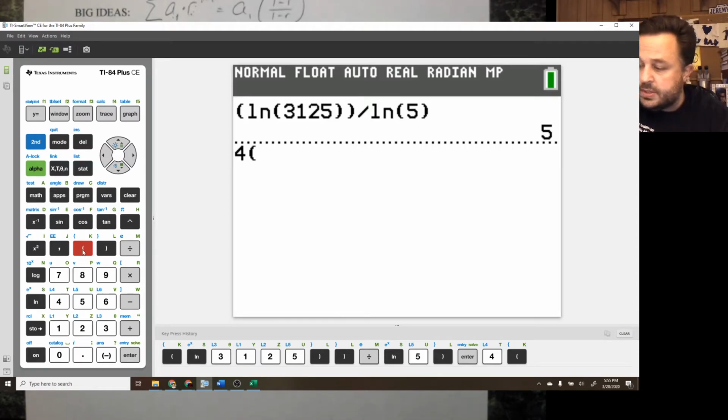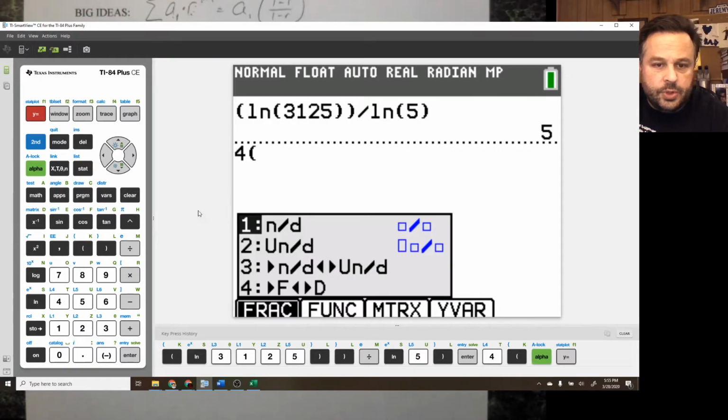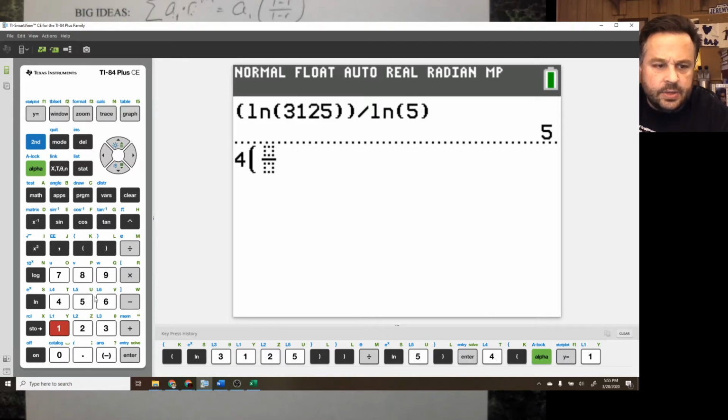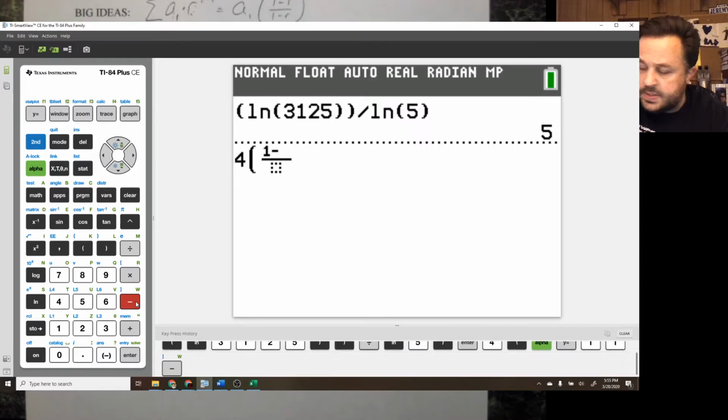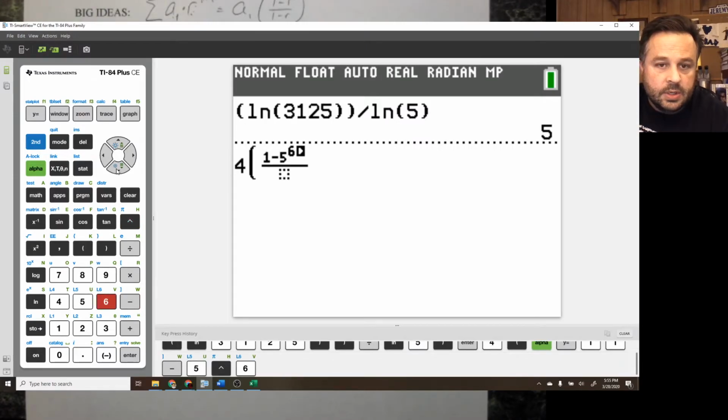What I'm going to do here is put the entire numerator in parentheses over the entire denominator. Some of you use the fraction, and that's fine. I'll go ahead and do that now since I've got it. So I'm going to go 1 minus 5 to the 6th power over 1 minus 5. It's not bad to close that parenthesis just to get used to it.